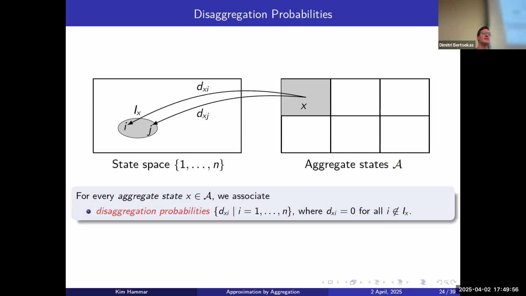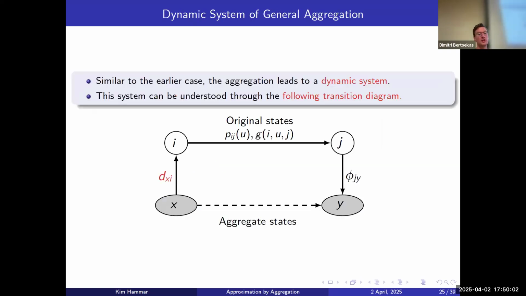And with this, equipped with these disaggregation probabilities, we then obtain the following dynamical system, very similar to before. The main difference now is this vertical arrow going up from the aggregate state to an original state. So we essentially have 3 types of transitions. We can transition from an aggregate state up to an original state using the disaggregation probability.